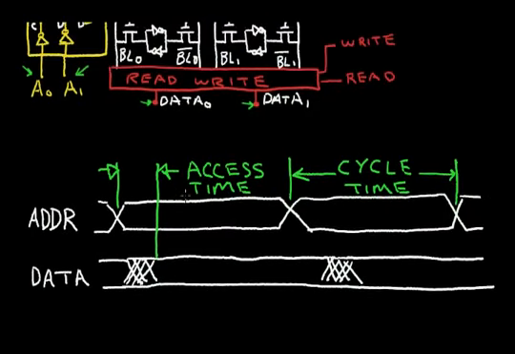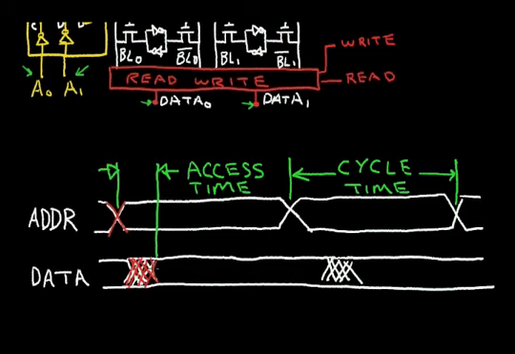The top waveform shows the address input. And my address is allowed to change at this time here. And when my address changes, I'm reading my data, for example, during a read cycle. And my data could come out at this time or a little later time.